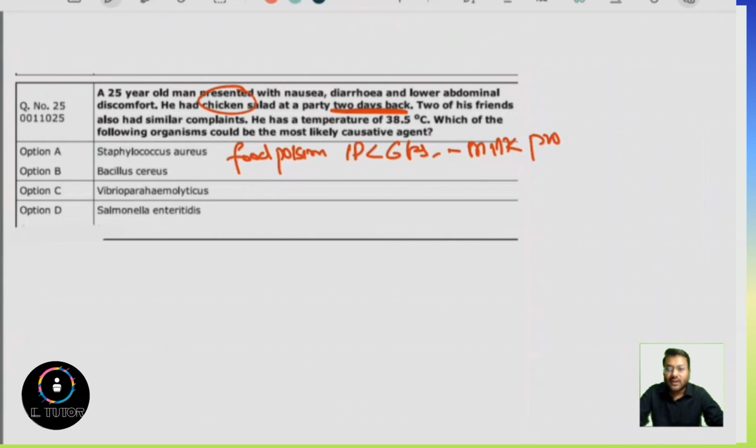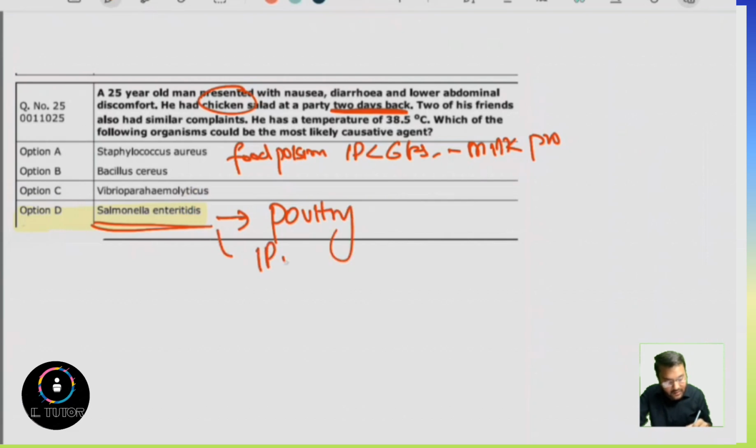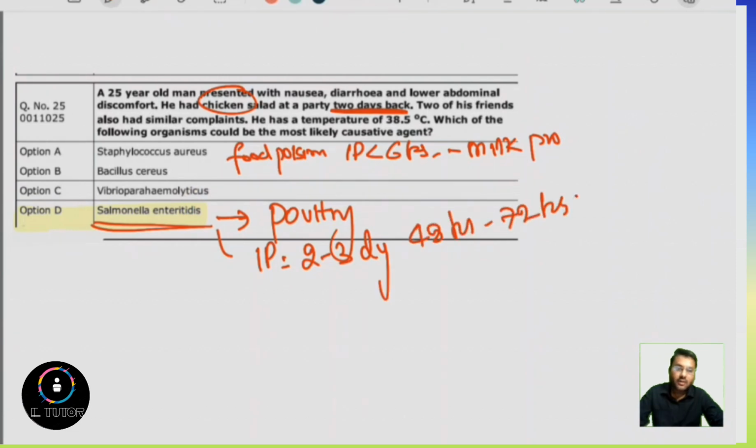Vibrio parahaemolyticus does not cause food poisoning like this. It will lead to watery diarrhea. And Salmonella enteritidis. Yes, this can be the answer, because here chicken is given and Salmonella enteritidis is related to poultry, and the incubation period is 2 to 3 days, which is 48 to 72 hours, and it will lead to gastroenteritis.